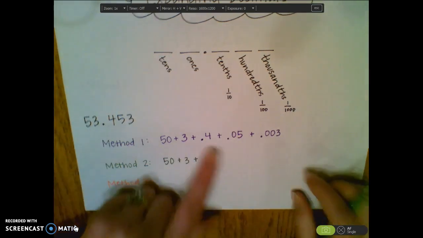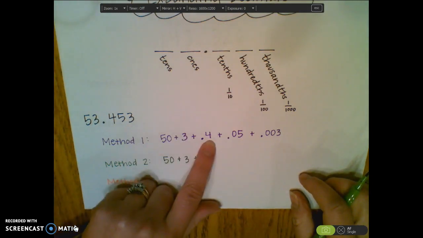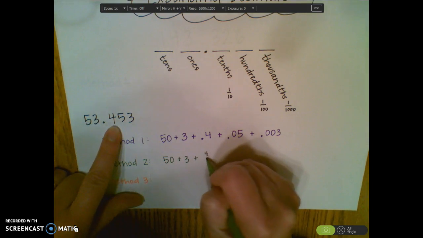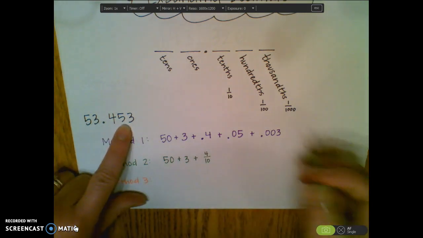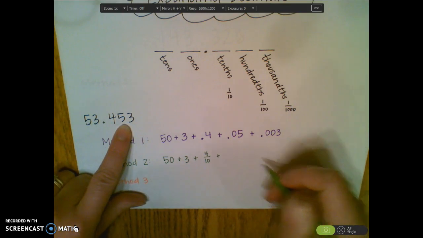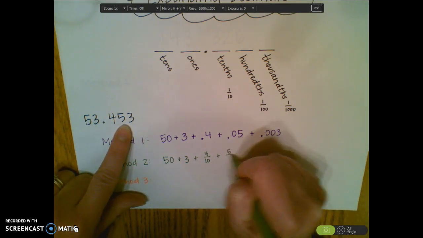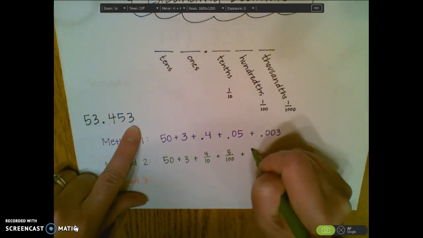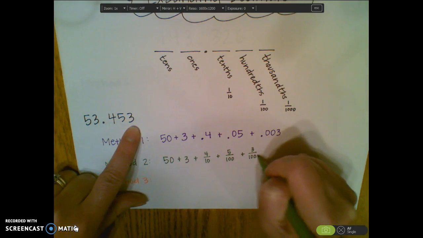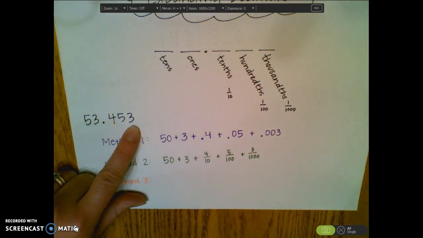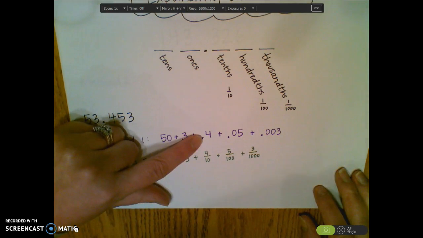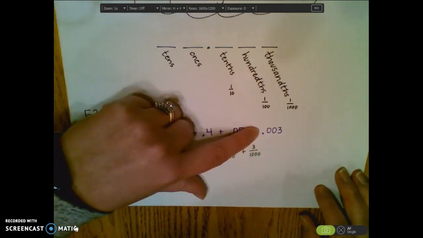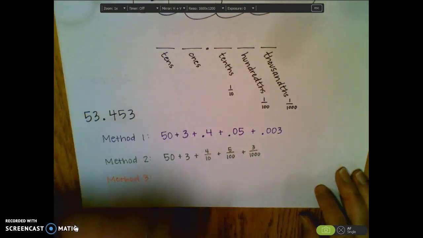But now instead of showing these numbers as decimals, I can express them as fractions. Since this is 4 tenths, I can show it as 4 tenths. Since this is 5 hundredths, I can show it as 5 hundredths. And since this is 3 thousandths, I can show it as 3 thousandths. So now I'm expressing them as fractions: 4 tenths, 5 hundredths, and 3 thousandths.